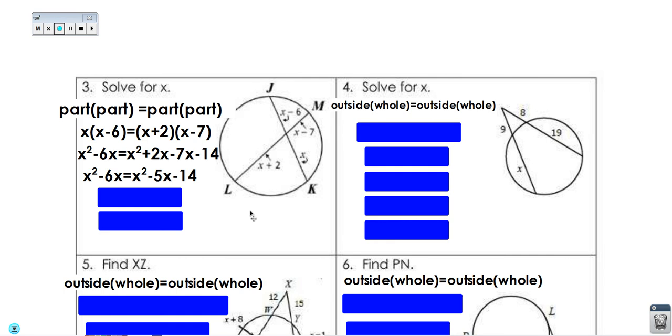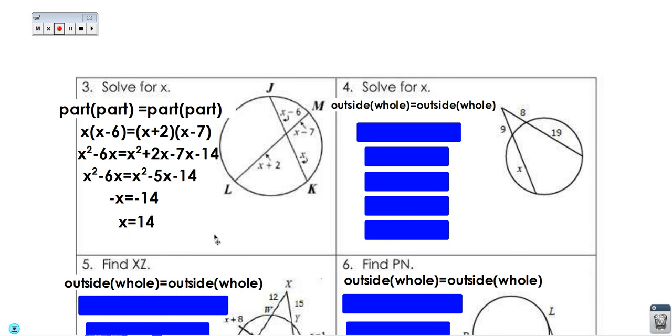Something you should be able to solve for yourself is subtracting x squared from both sides, which gets them all to go away, so there are no more x squareds, lucky for us. And you get negative x equals negative 14. You might take an extra step in between, which is totally fine. Then you divide by negative 1, and you'll get x equals 14.